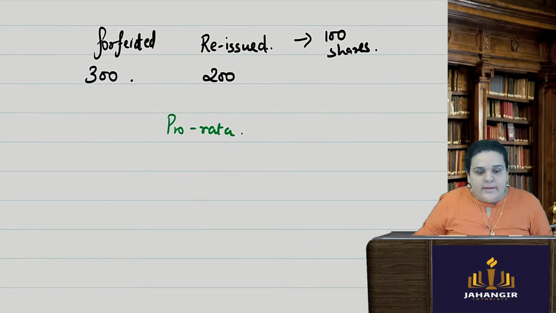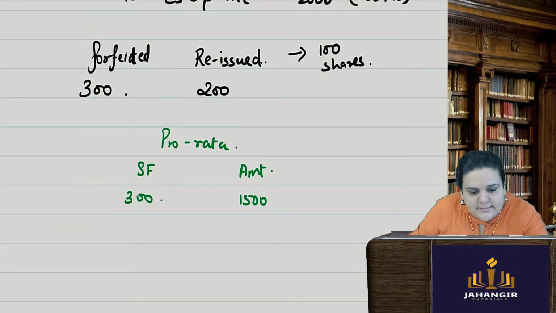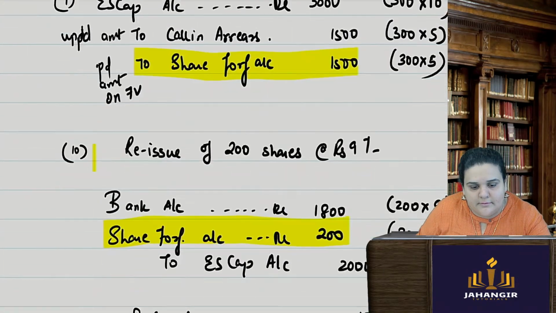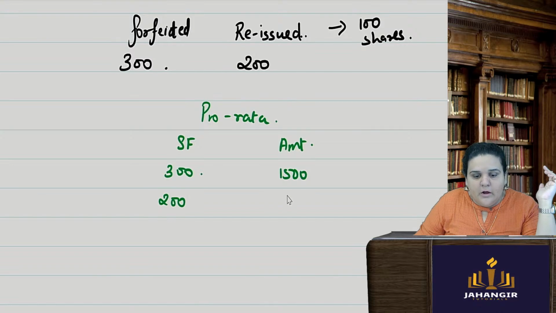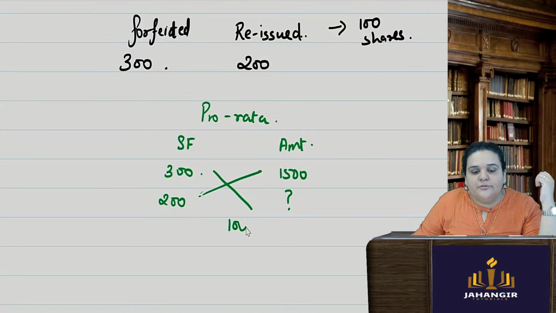See, when the shares forfeited were 300, the amount created in the share forfeiture was 1500. Say suppose I would have not forfeited 300 and I would have just forfeited 200. Then how much amount would I have generated? Cross multiply. It will come to 1000.